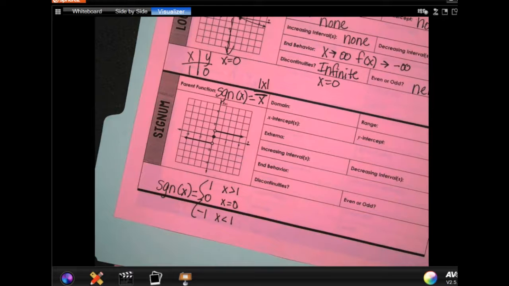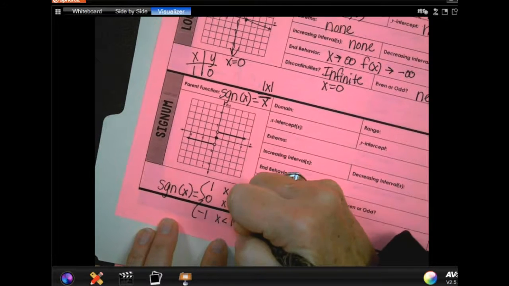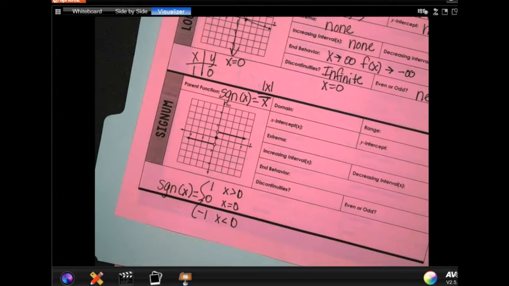So these are the three pieces all put together that make the whole graph. So it says if x is greater than 1, I think this is greater than 0, actually. Sorry. So if x is greater than 0, what does y equal? If x equals 0, what is y? And if x is less than 0, negative 1.